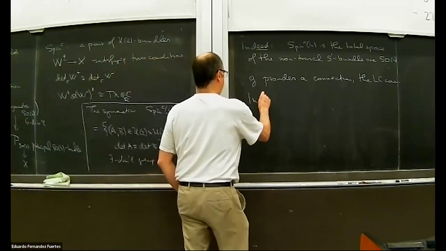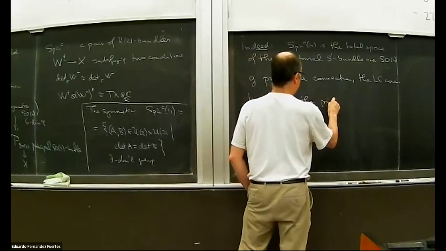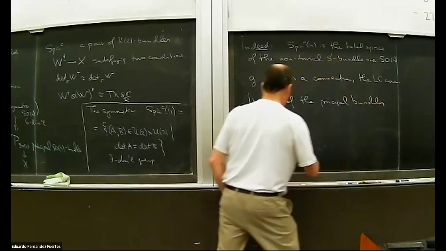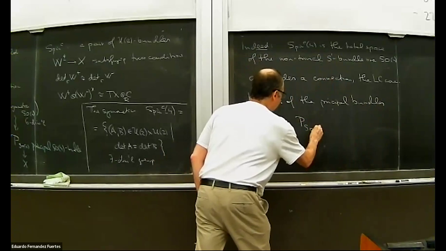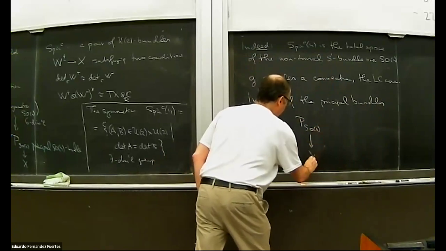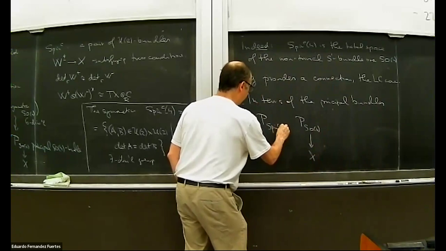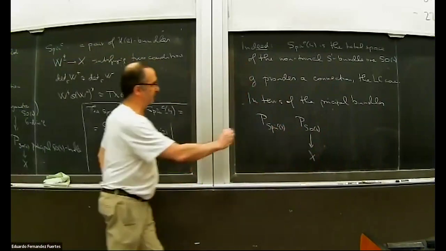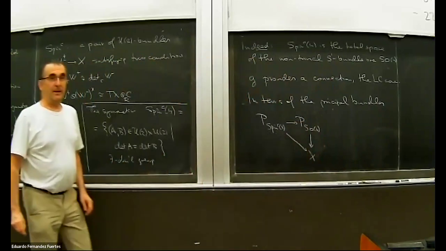In terms of the principal bundles, we have this situation that we have SO4 X, and we are looking for a spin C4 bundle which completes this triangle.